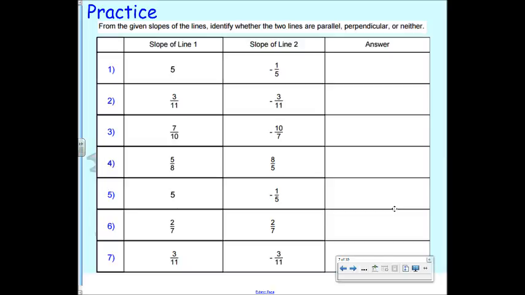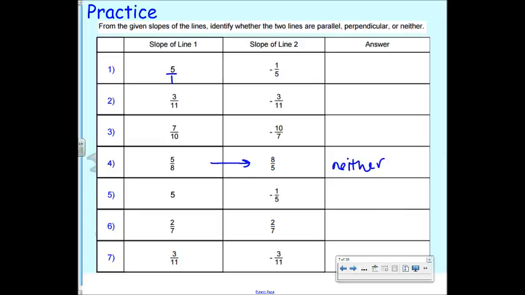Put it over 1. And then it's opposite and it's a reciprocal. Good. So you flip the fraction and change the sign. Be really careful because number 4, for example, is a neither. Number 4 is neither because it's flipped, but they're both positive, so it'd be neither.